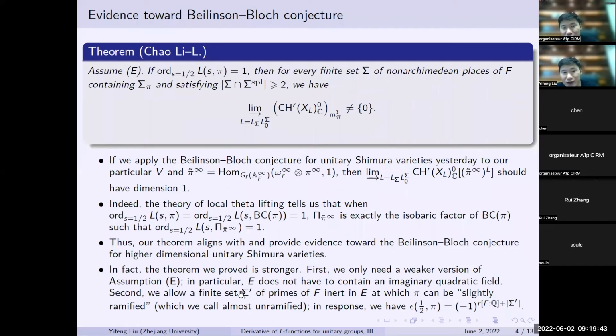So in particular, second, we allow a finite set sigma prime of primes of F that are inert in E, at which pi can be so-called slightly ramified. Formally, we call them almost unramified representations.